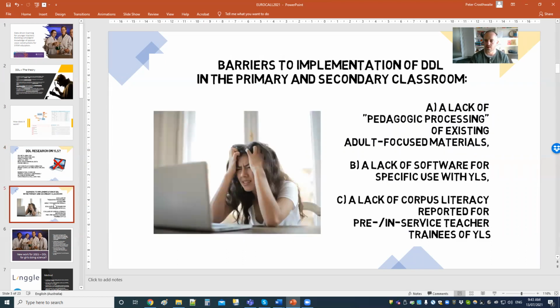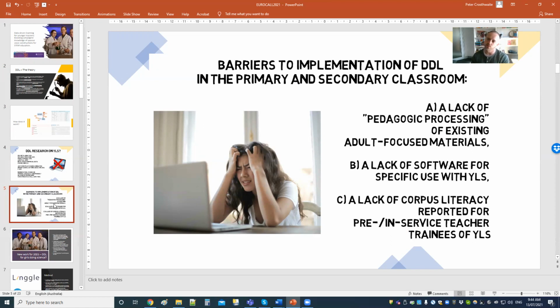In terms of the reasons why we don't have that many studies at pre-tertiary level, I identify these three as being some of the main ones. There are others, but certainly the corpus data itself is mostly written at advanced native English levels of proficiency, and a lot of the texts are written by adults for adults.